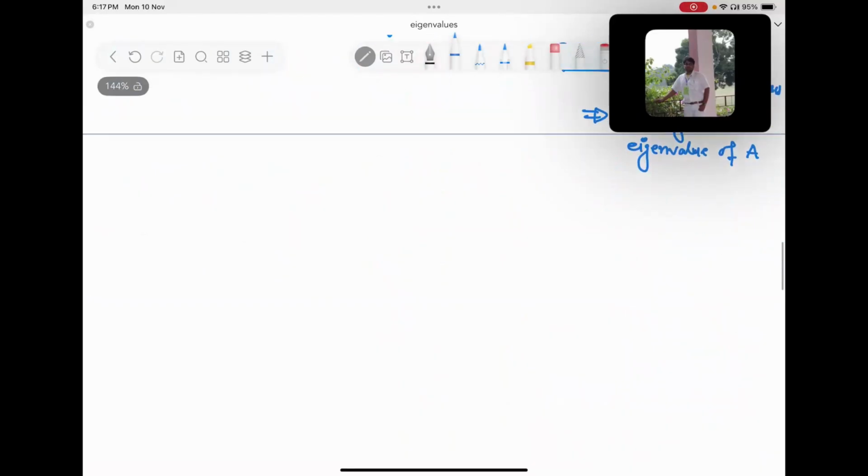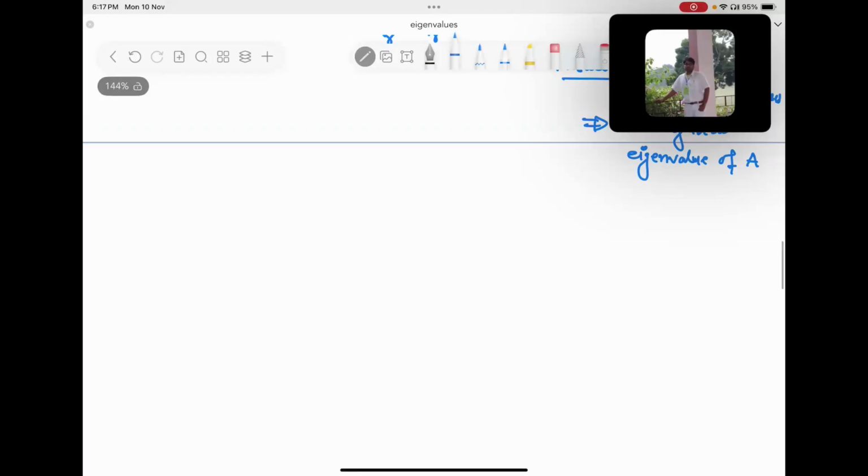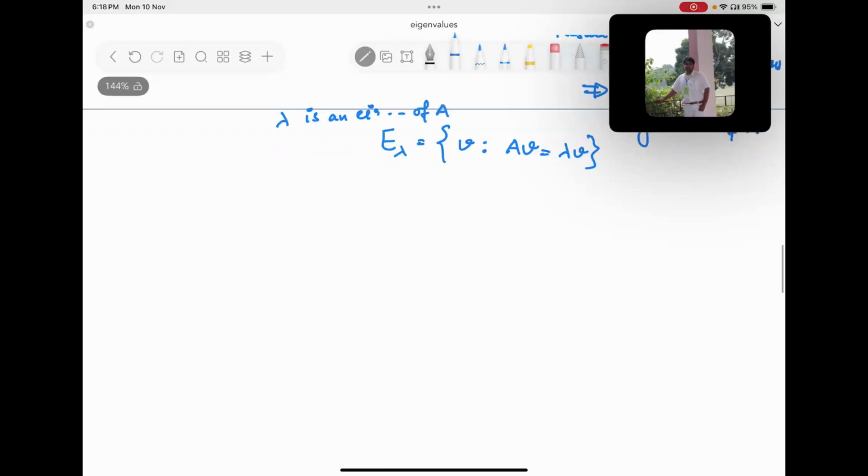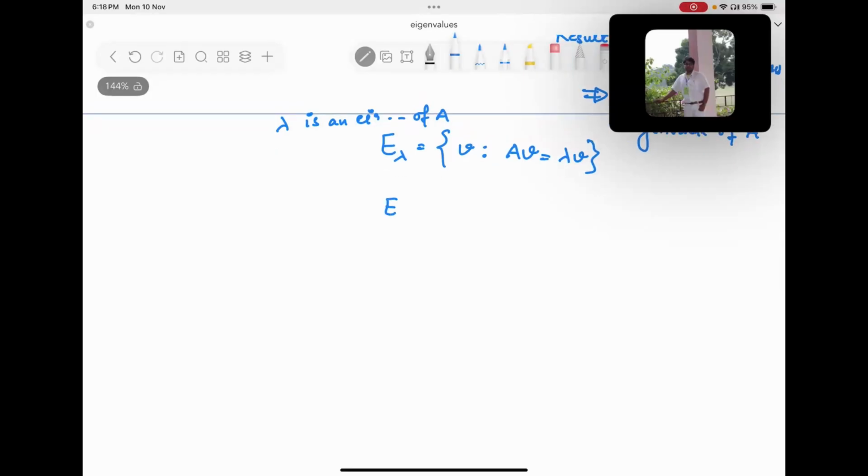Now, since we are doing everything in linear algebra, the natural question you should ask here is, suppose you collect all the vectors v such that Av equals lambda v, where lambda is an eigenvalue of A. So you take this E lambda, all the vectors v such that Av equals lambda v, and you take E as all the eigenvectors corresponding to the eigenvalue lambda.